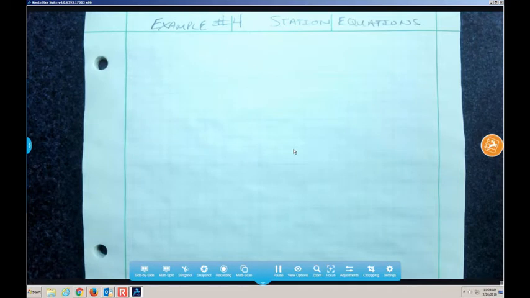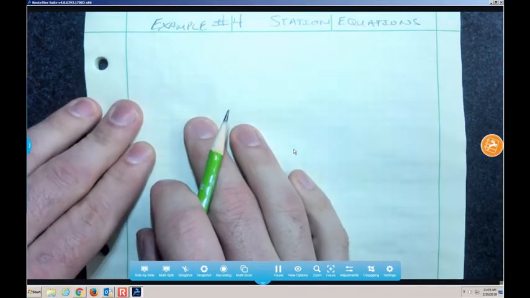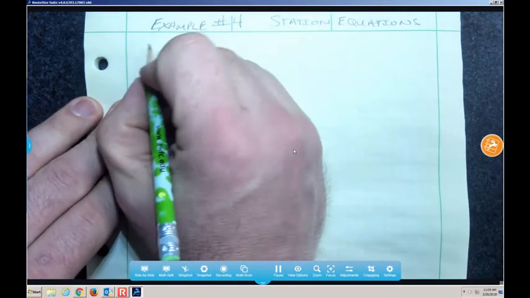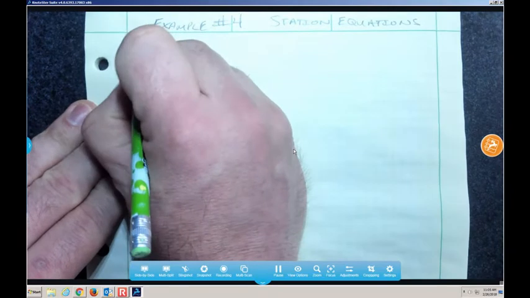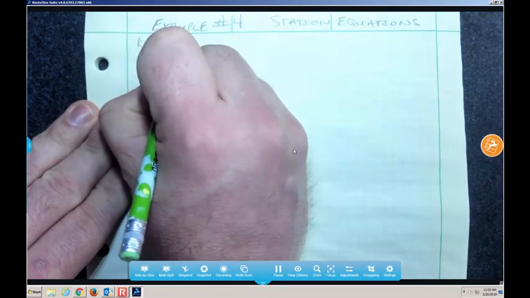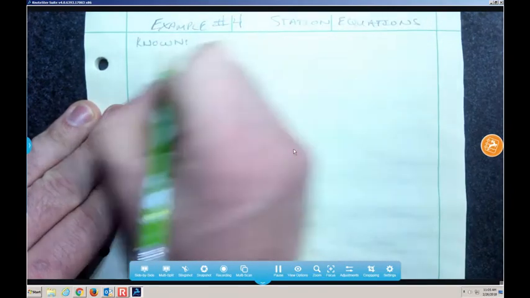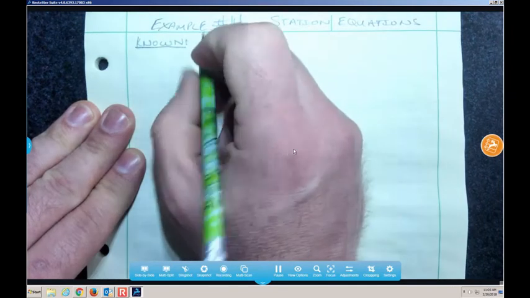So things that we know, if we look at number 5, they tell us our PI, our radius, and the I angle. So I'm going to give you our knowns.